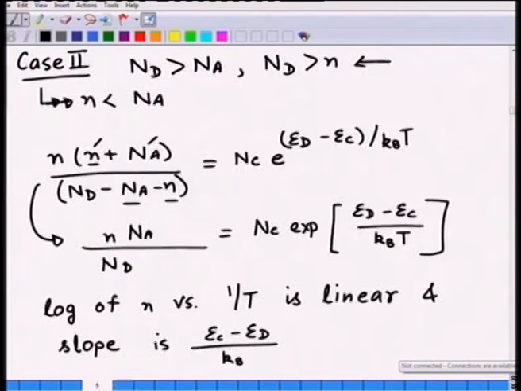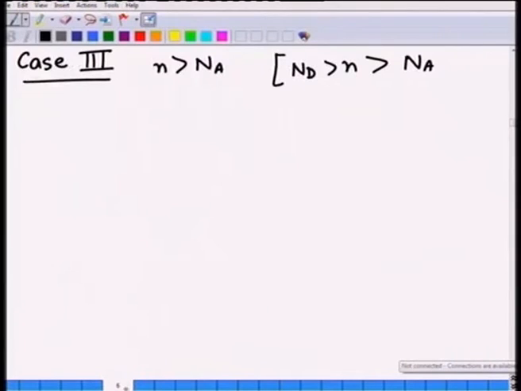In the previous case, the order of concentrations was Nd, Na, then N. Now, it is Nd, N and then Na.